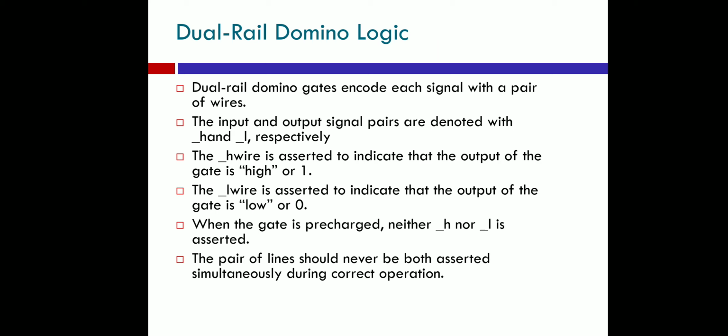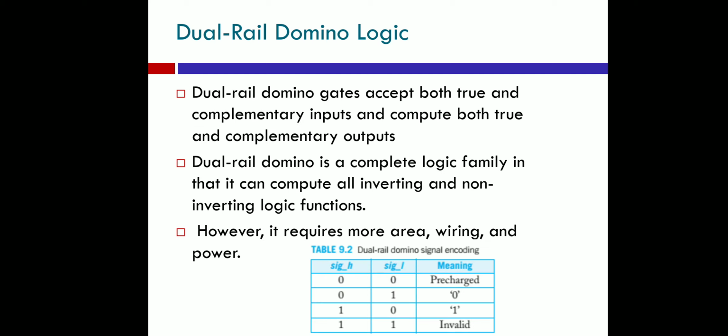Next kind of high performance dynamic circuit is dual rail domino logic. Now this is very similar to the DCVS that we have discussed in previous sessions. Dual rail domino logic means here you are providing true and complementary inputs and we'll get true and complementary outputs.